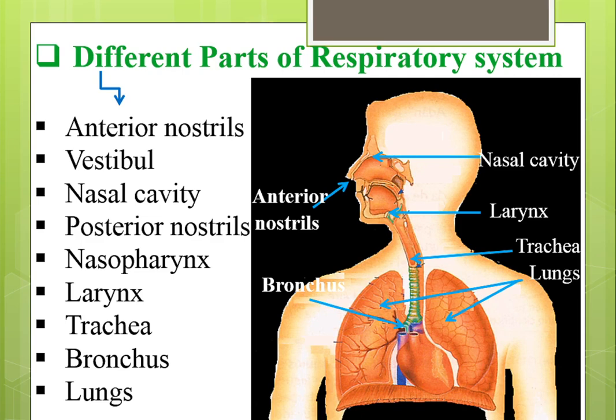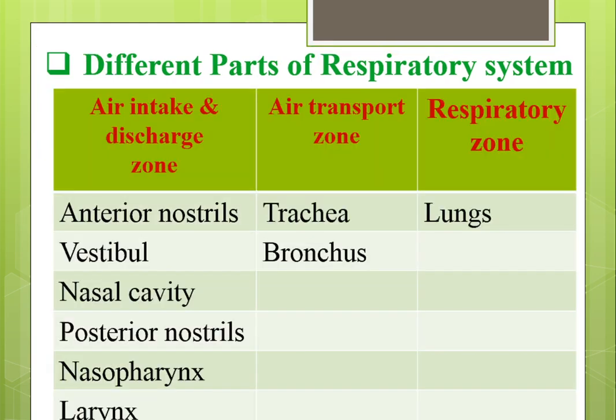There are various parts of the respiratory system such as anterior nostrils, vestibule, nasal cavity, posterior nostrils, nasopharynx, larynx, trachea, bronchus, and lungs. For convenience of description, the different parts of the respiratory system are divided into three zones or regions.